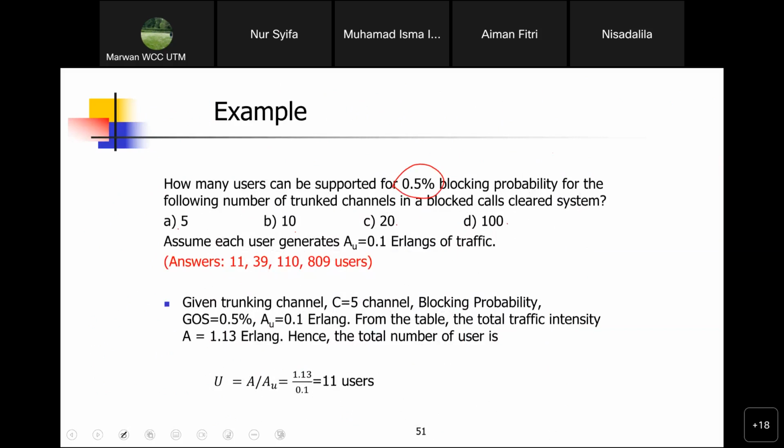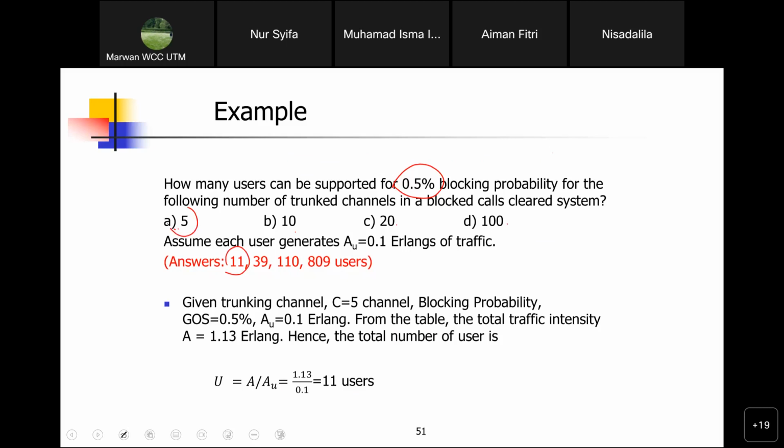Let's look at 5. You can see if 5, the answer is you can support 11 users. So that is an increment of almost 2 times. So with 5 physical channels, you introduce 0.5% grade of service, and this cell can actually serve 11 users. It's more than the number of physical channels.